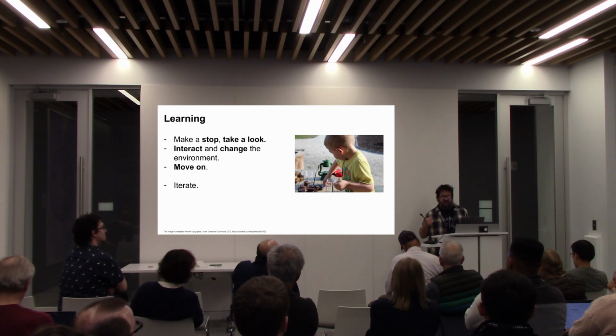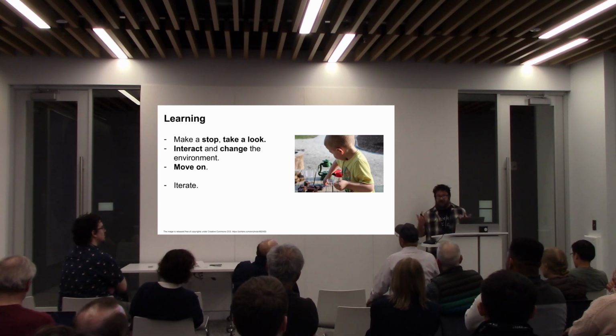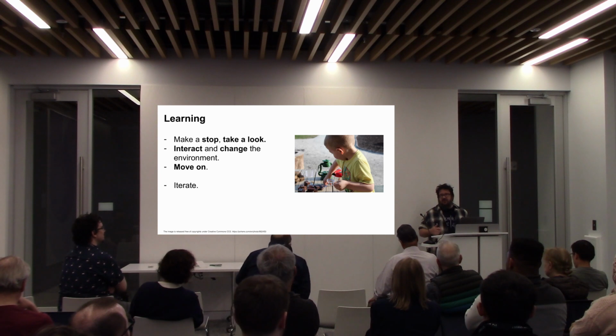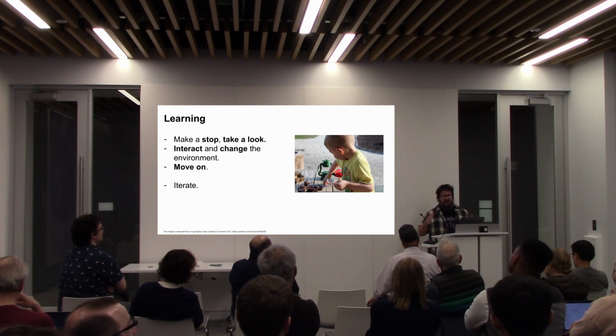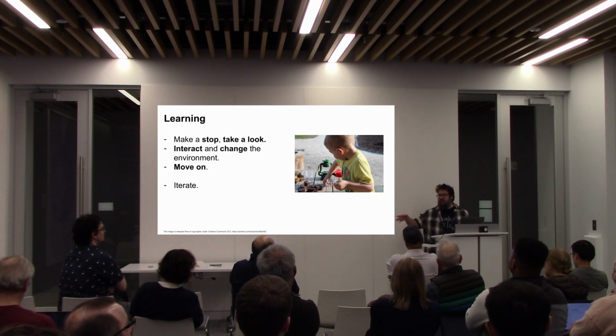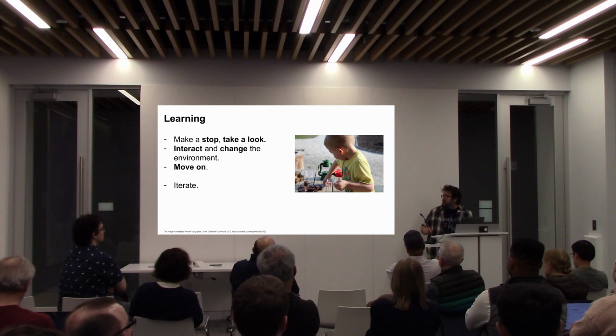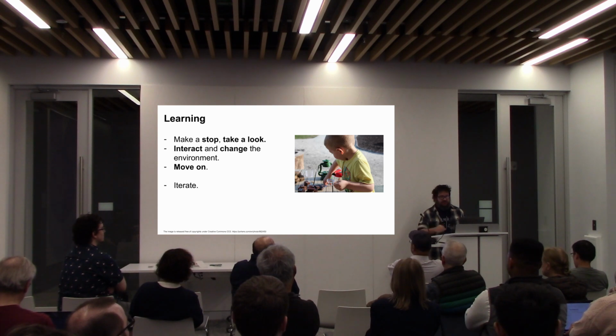Second, it's fine if you can interact with the environment to change things and see what happens once you change that. Third, it's nice to be able to move forward and see, okay, now I know how this part is working, now I want to go to the next part of the code. And step 4, I put like iterate. Repeat these steps as many times as you need or as you want.